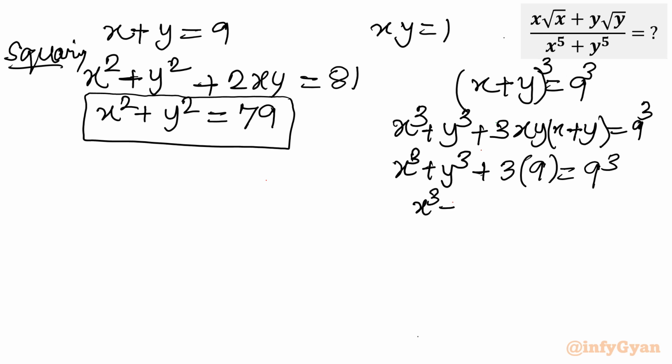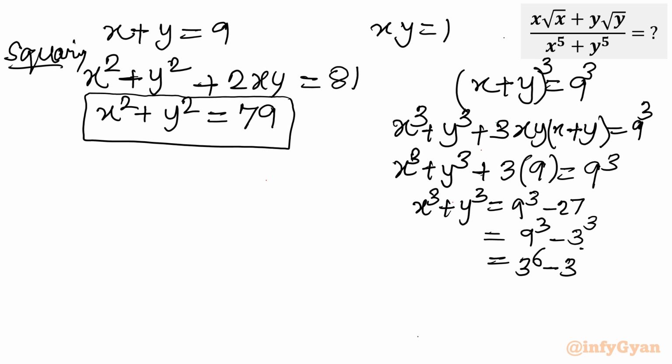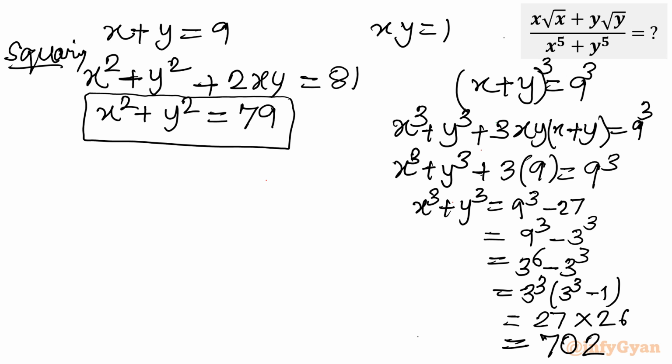So x cube plus y cube equals 9 cube minus 27. And 27 I can consider 3 cube, and 9 cube is 3 power 6. So 3 power 6 minus 3 cube. If you take 3 cube common, you will write 3 cube minus 1, so 27 minus 1, 26. And if you take the product, this value is 702.